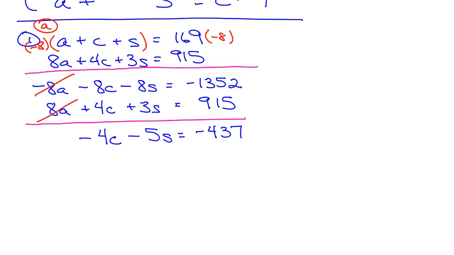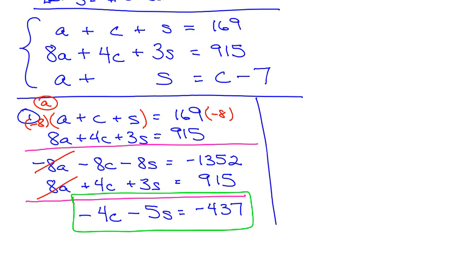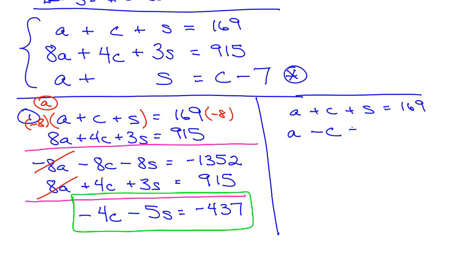All right, let's hold on to that one for a moment. And I'll scroll back to look at the system here. The next equation I want to work with is the top equation, A plus C plus S is equal to 169, and I want to work with the bottom equation. However, notice the bottom equation is not in the standard form. So as I rewrite the equation, I'm going to put it in standard form as I go. It'll be A, I'm going to move the C over and it becomes -C plus S is equal to -7.